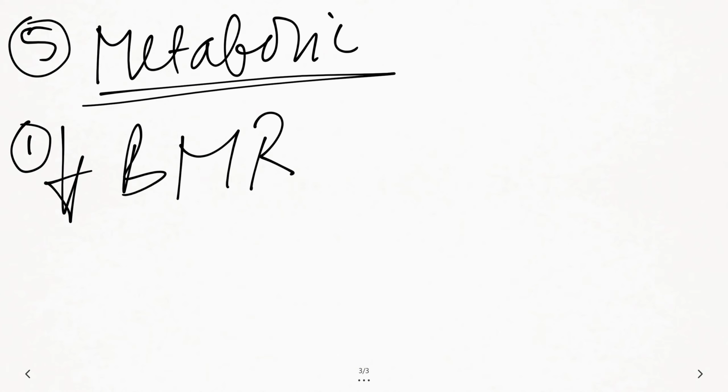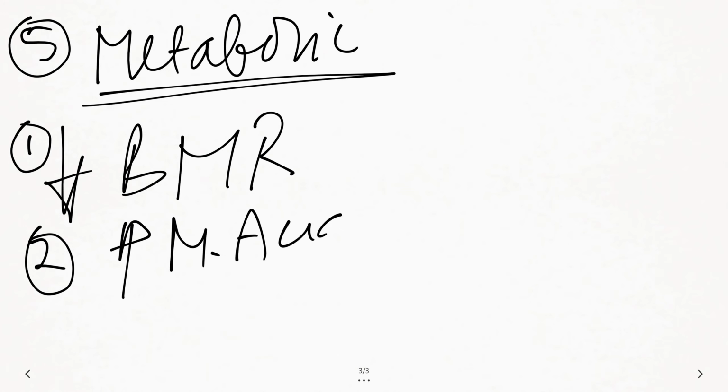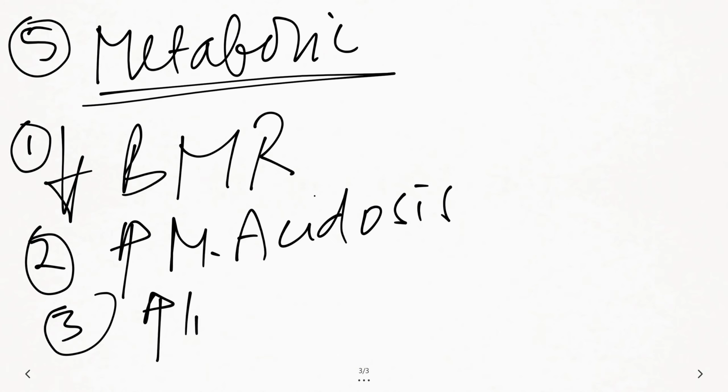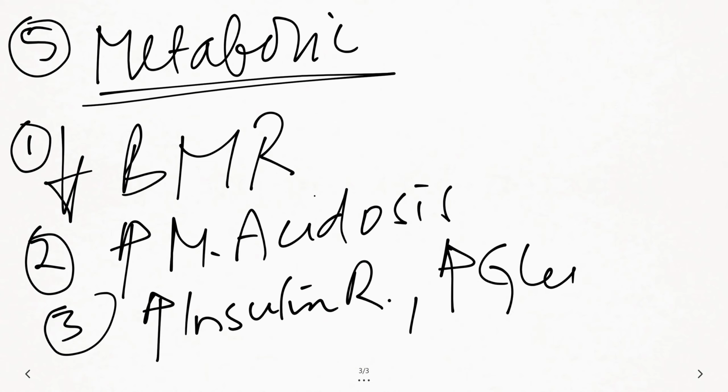Number two, you know that he will develop metabolic acidosis, right? He's shocked, he has hypothermia. Number three, from a metabolic point of view, he will have increased insulin resistance, and he will have hyperglycemia, right? In other words, he will be diabetic at that point.